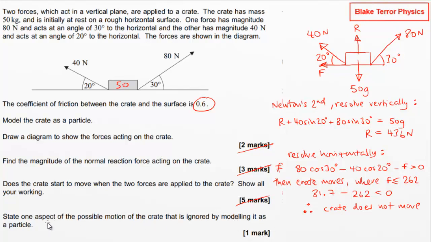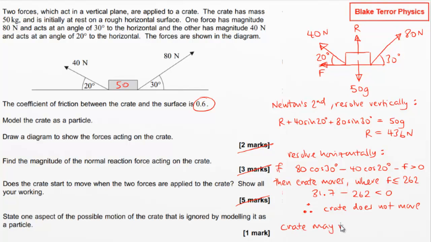State 1 aspect of the possible motion of the crate that is ignored by modeling it as a particle. We've got a choice here of things. If something's got dimensions, then we're looking at possibilities of it rotating or flexing and things like that. You can go with either one of those. So you could say the crate may rotate.